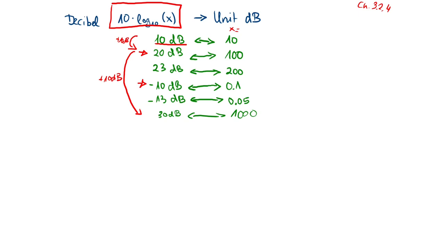And there are other examples, for example from 20 decibel to 23 decibel, there's just an increase of 3 decibel, and in linear scale that means a multiplication by 2.